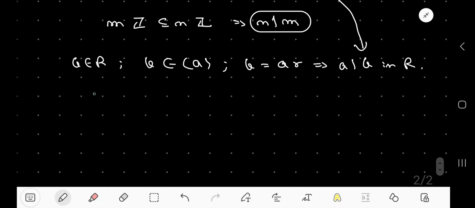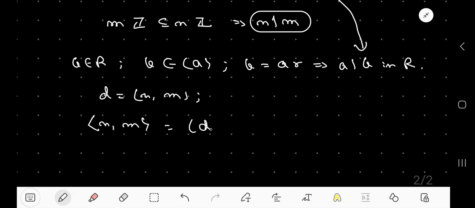Moreover, let's come to the ring of integers. You can easily observe that if d is the GCD of n and m, then the ideal generated by n and m is simply the ideal generated by d. Therefore, I am trying to bring down finitely generated ideals to principal ideals, which I can surely do in the case of the ring ℤ, the ring of integers, right?